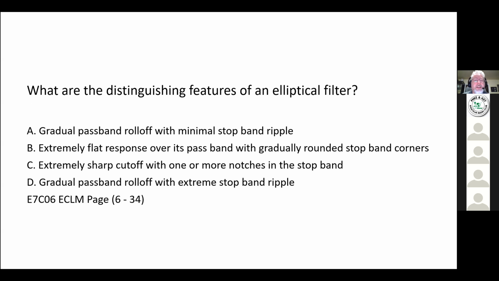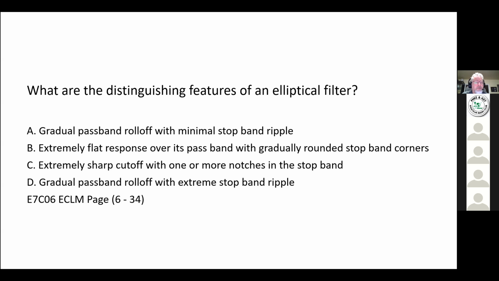What are the distinguishing features of an elliptical filter? A, gradual passband roll-off with a minimal stop-band ripple. B, extremely flat response over its passband with generally rounded stop-band corners.